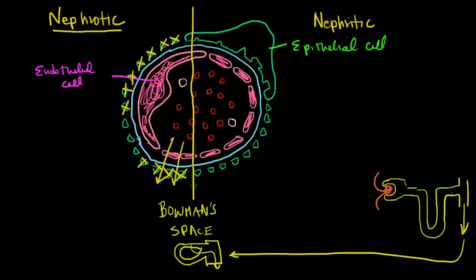And so as a result of that, there is loss of protein. And it's quite substantial. In fact, on the order of 3.5 grams of protein per day can be lost.